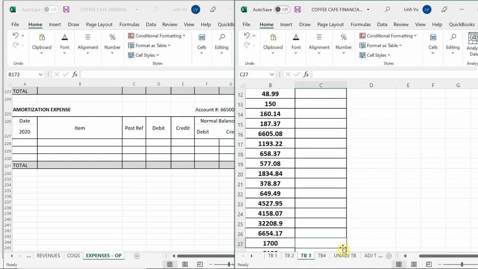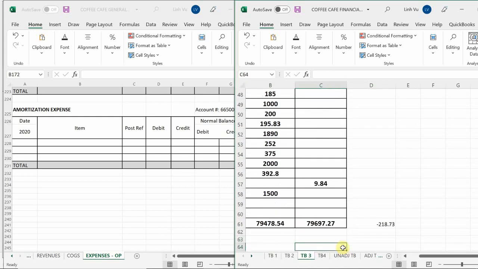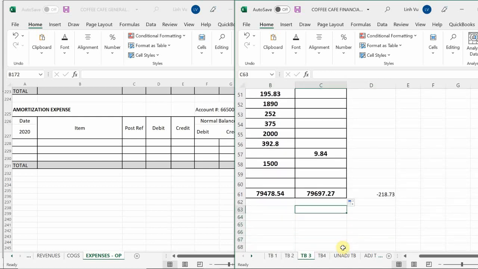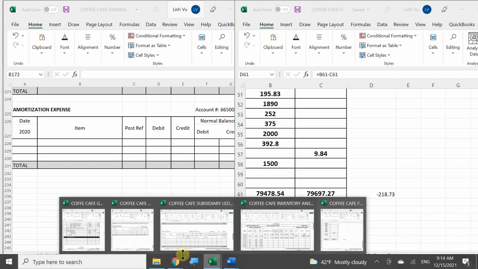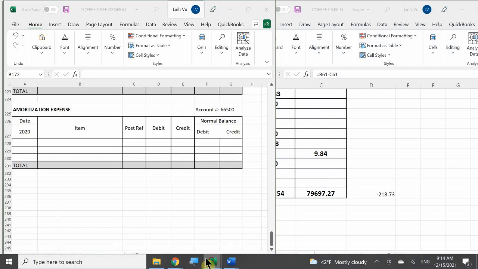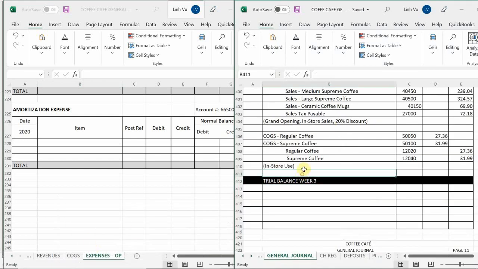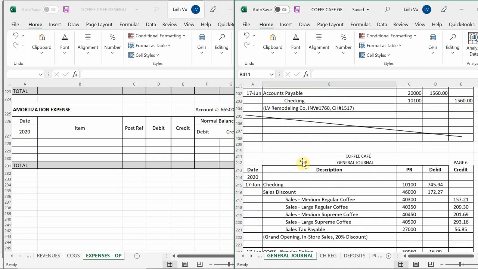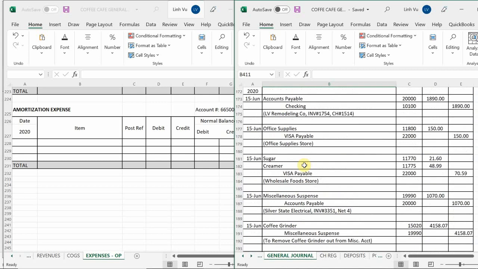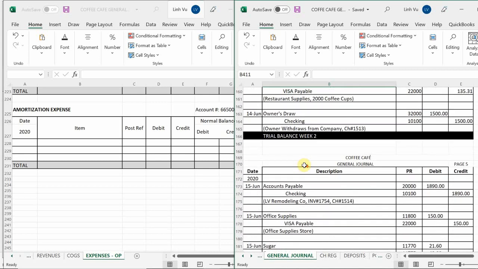Now, there is no quick way around this except to just go through and check and see if you made a typo somewhere. Okay, so you can save your work here. And we're just going to have to go through every single journal and ledger account. Okay, starting from the 15th, just because we've done our journals correctly in this case, right?